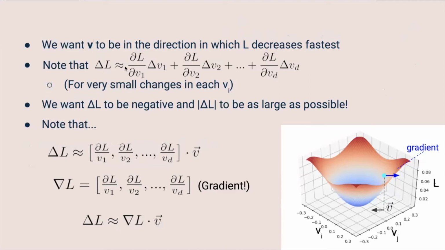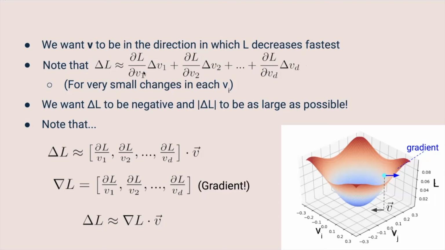First we can say, if we go in any direction v, how does that affect L? Here we've denoted the change in L as delta L, and approximately, at least for very small v, it works out to something like this. It's the partial derivative in each dimension times a very small step in that direction.